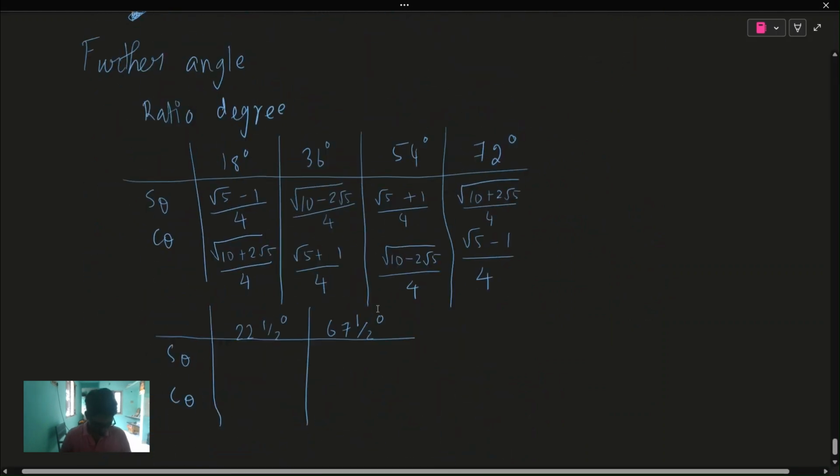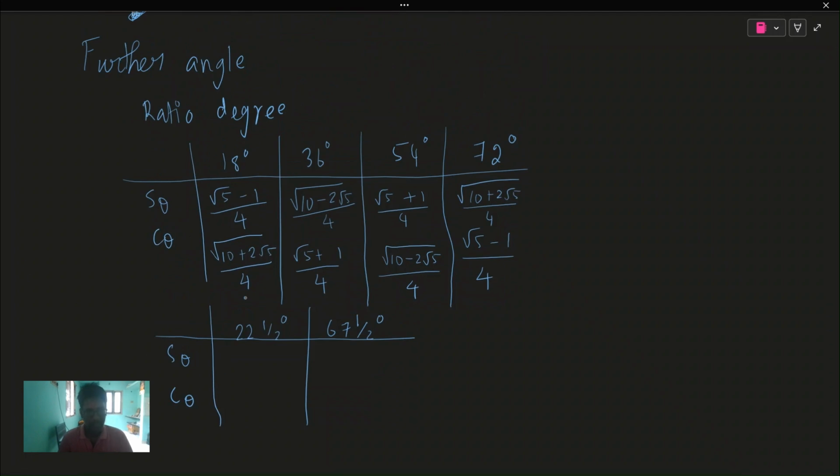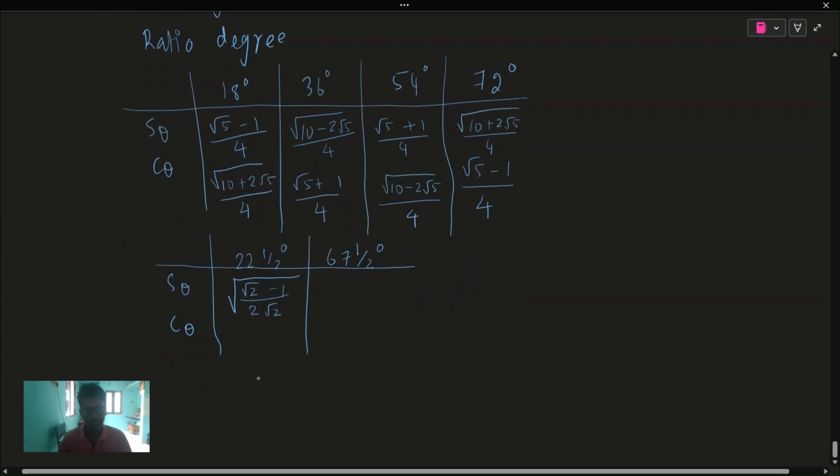Sine 22 and a half is really a huge value to remember, but it's just to demonstrate how I am using this identity that I am telling root 2 minus 1 by 2 root 2. Anyway, you guys have a calculator for getting these values.